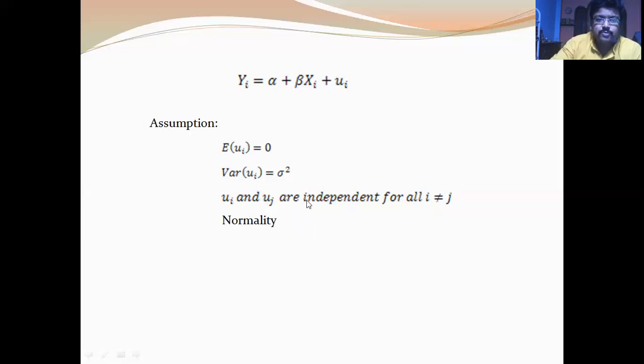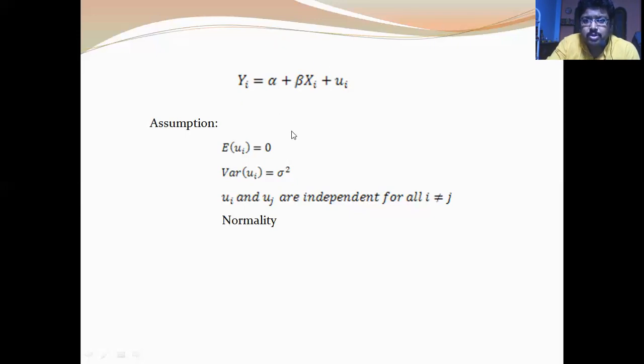So if you consider this is the income, and in another way we can consider that y is the saving, and this is the income.